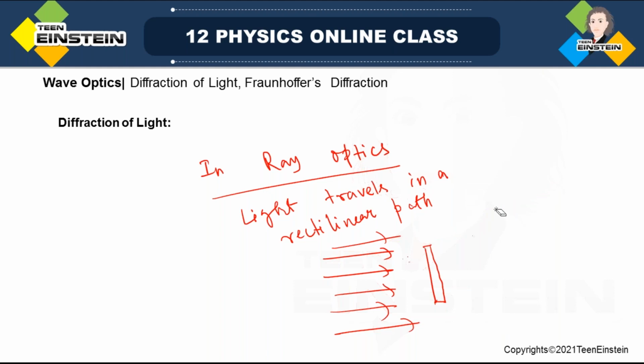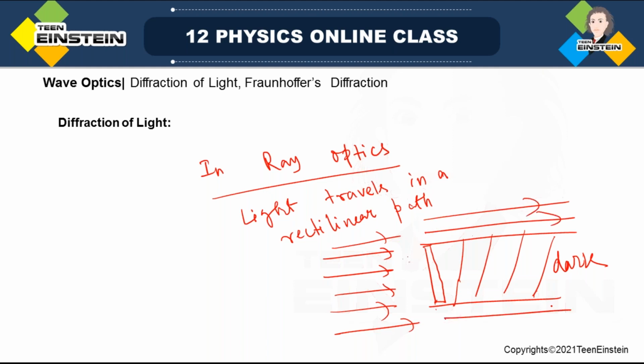Leaving this particular region dark, light will pass like this, right? You will find a bright region here according to our geometrical optics or ray optics.